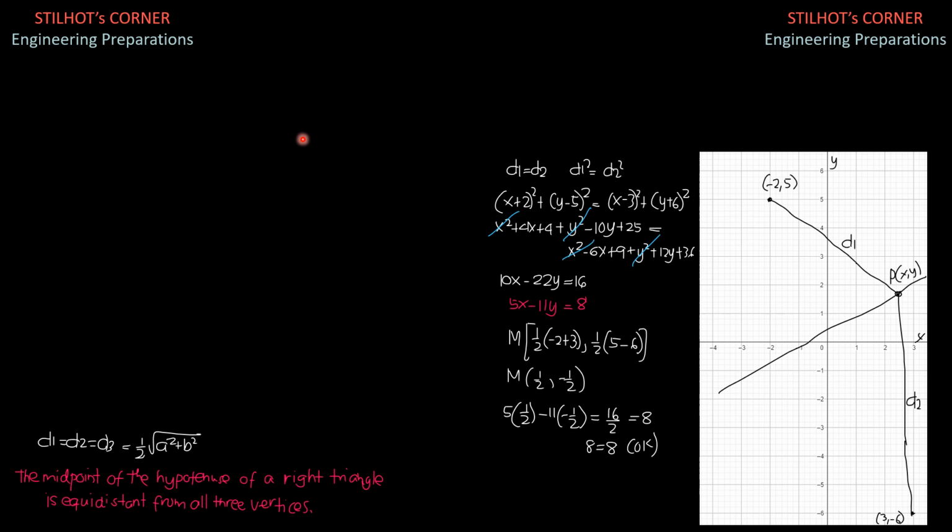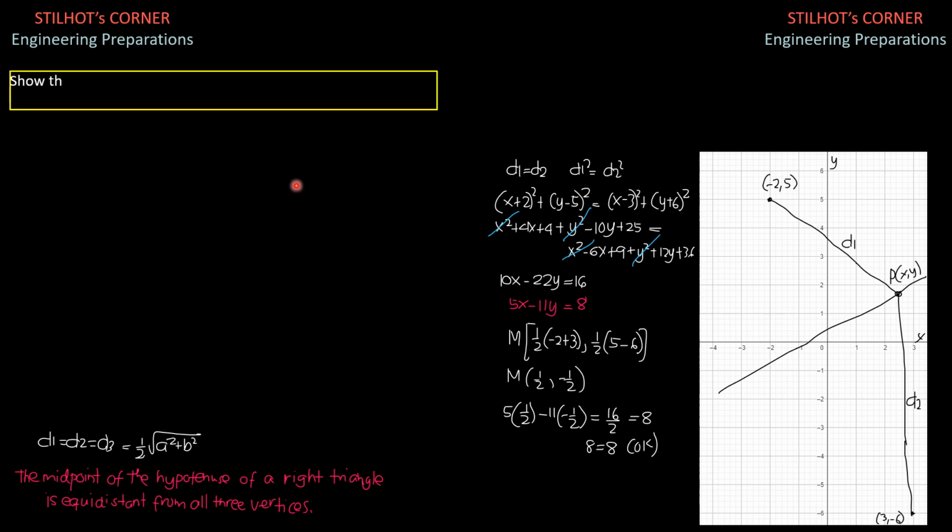I hope that through these sample problem videos, your knowledge in algebra, particularly on the topic of analytic geometry, division of a line segment, and equations of lines, will be enhanced and increased. So here is the problem. Show that the midpoint of the hypotenuse of a right triangle is equidistant from all three vertices.